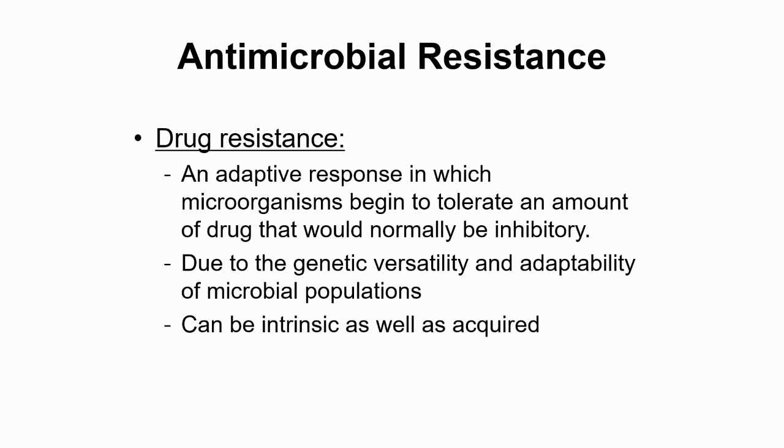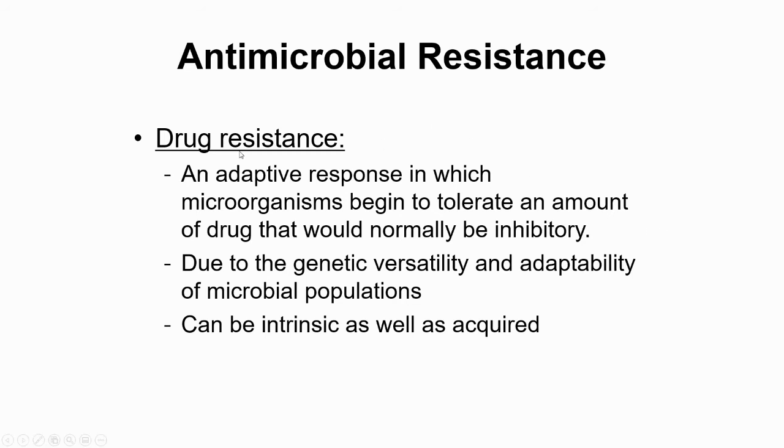Drug resistance is an adaptive response in which microorganisms begin to tolerate an amount of drug that would normally be inhibitory. We don't have the ability to alter our DNA, our genetic makeup. Our genes are our genes are our genes. The way they are altered is through mutation.